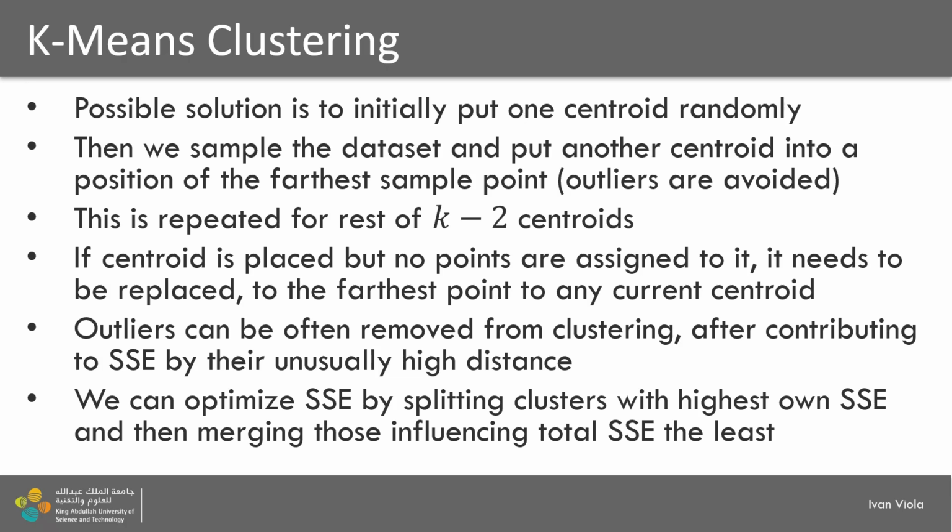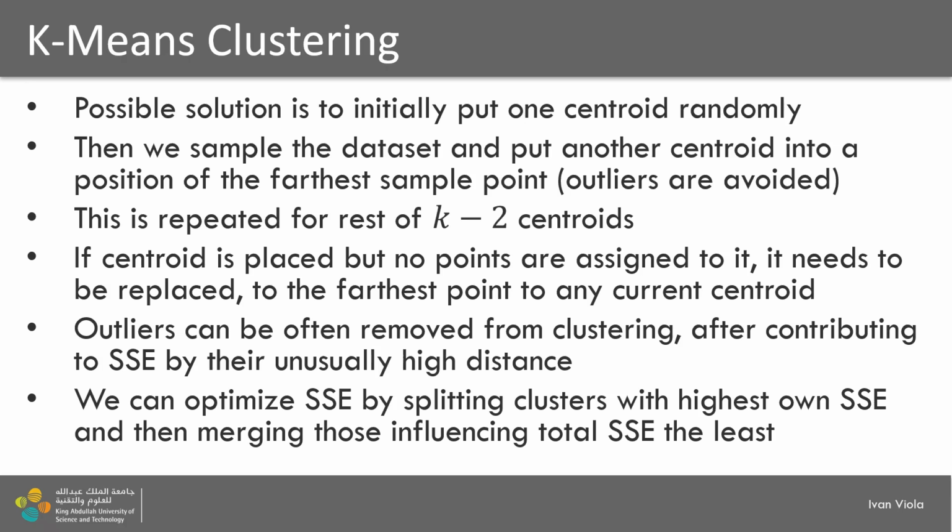So in order to get the clustering result out of some local optimum, we can perform a certain rearrangement of the clusters, for example, splitting the clusters with the highest own sum of squared error. The cluster itself has a sum of squared errors, and we split the one with the highest value.